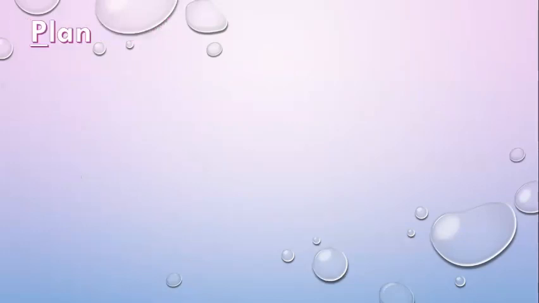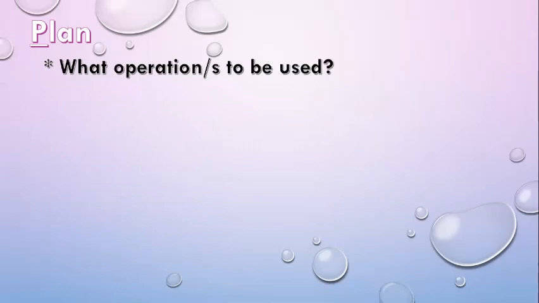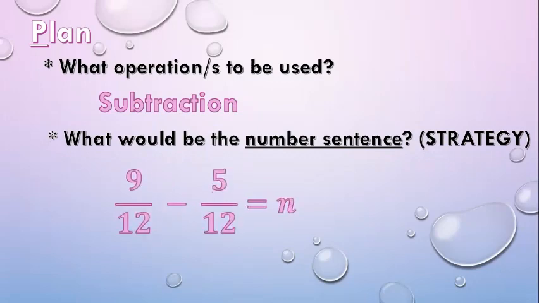Okay, then let's have B, plan. So you're going to know what operation or operations to be used. It is subtraction. And what would be the number sentence or strategy that you're going to apply? Okay, so you are going to subtract 9/12 and 5/12.